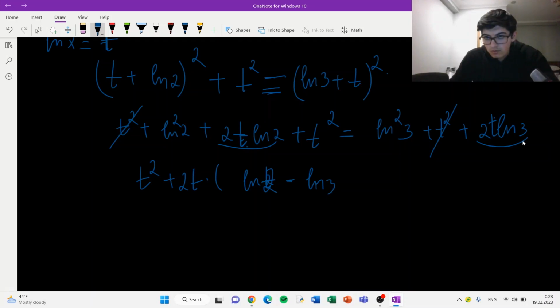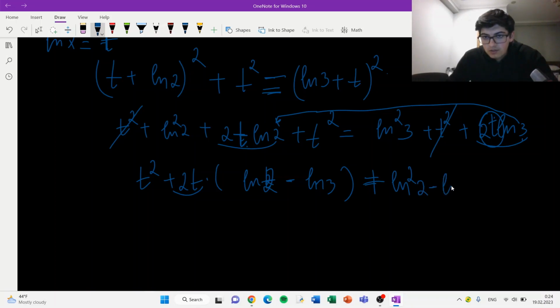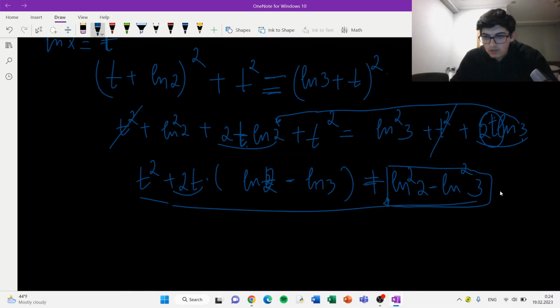This term was taken to here, and 2t will be outside of the brackets. And also I will talk about another property of the logarithmic function, ln squared 2 minus ln squared 3, and this is our constant term in our quadratic polynomial function, I assume, and it's equal to 0.